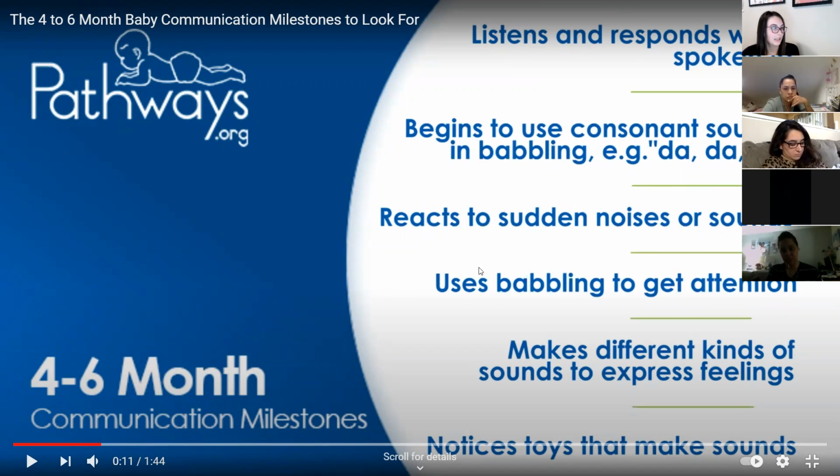Using babbling to get attention. So attention maintained behavior. Things like tacting. This is definitely an early tacting skill. And also manding, an early manding skill. Makes different kinds of sounds to express feelings. So this is that imitation of expression, imitation of sound, and then noticing toys is another one.